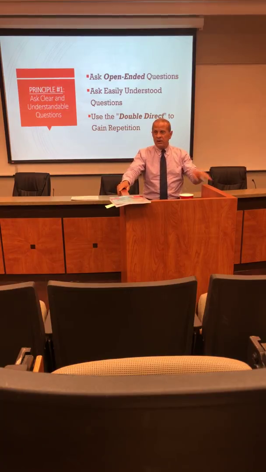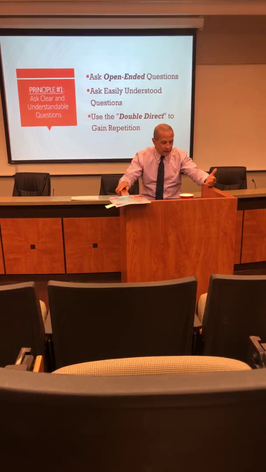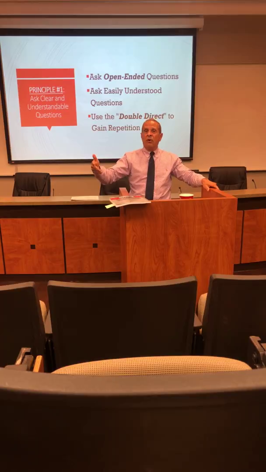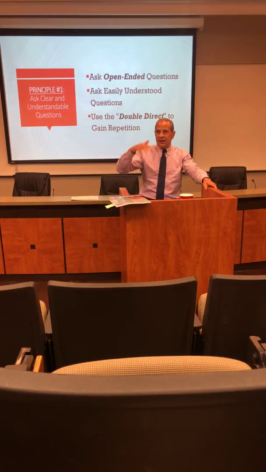The double direct. That's one technique that you can use to emphasize testimony. This goes back to something I said a little bit earlier, in that understanding how jurors get the information. They don't have any opportunity to interact with the witness, for one thing. And the witness's story doesn't come at them as an uninterrupted narrative, right?